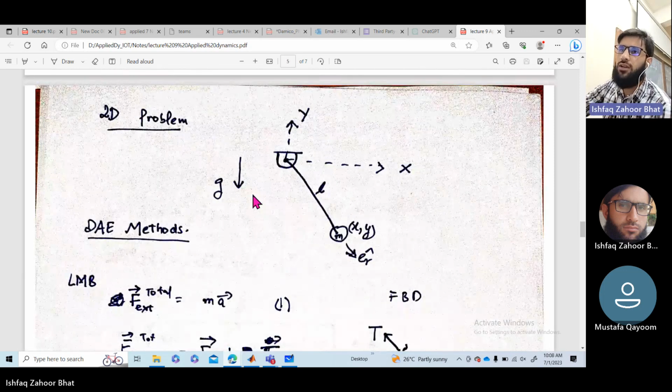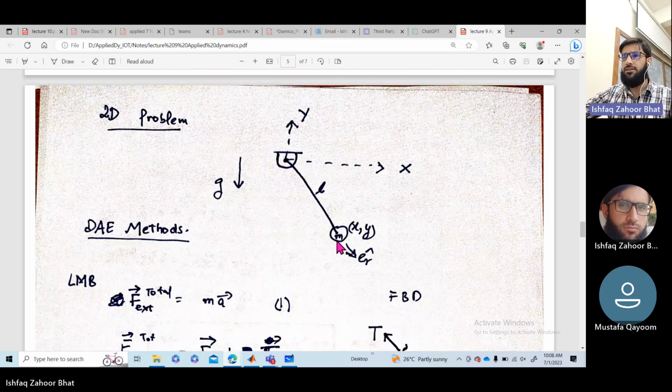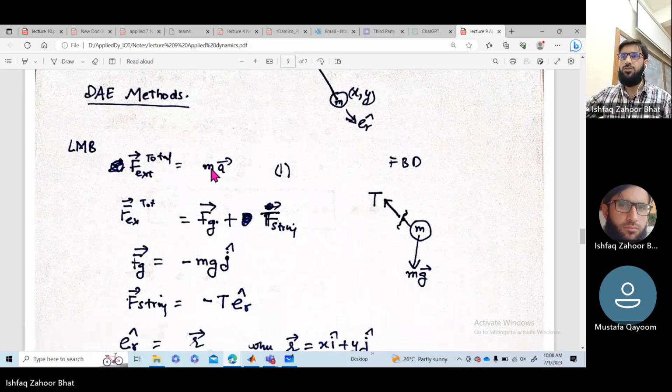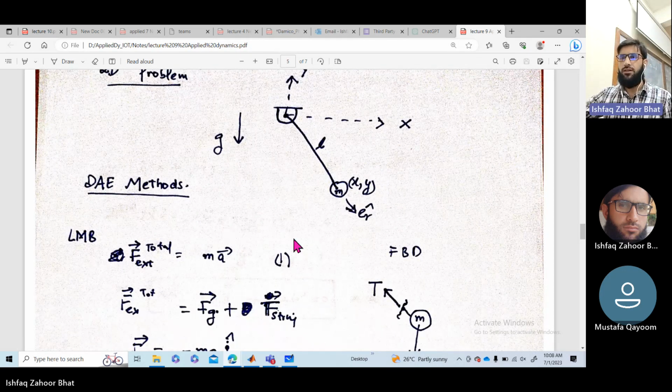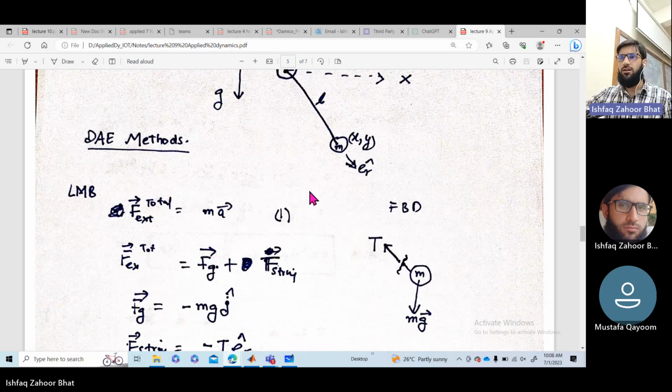Okay, and then we took another problem, that is a hanging simple pendulum, where a mass M hangs about this point, and this was the XY axis. We wrote the equations of motion using the DAE method, where we took F total on this mass and equated it with the rate of change of linear momentum, which is mass times acceleration.